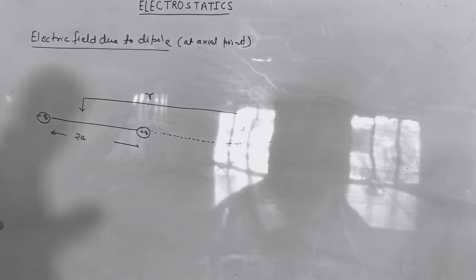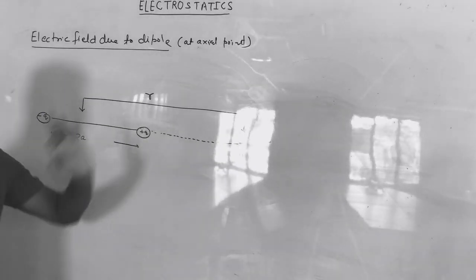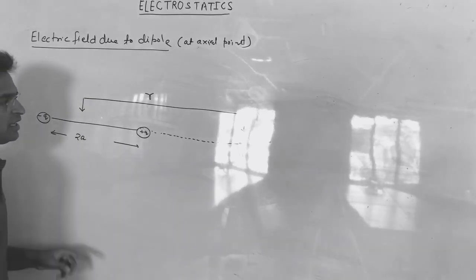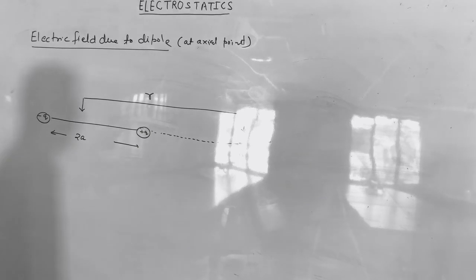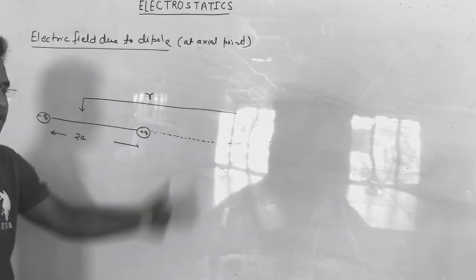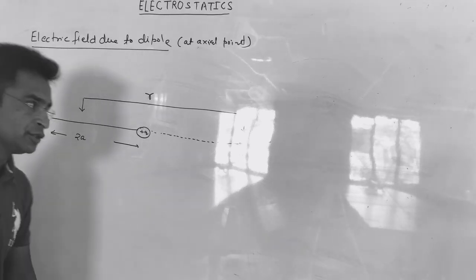Now what's the distance of point A from the midpoint of this dipole? That is R, and 2A is very small in comparison to R. R will be in meters, while 2A will be in centimeters, so we assume it's very small.